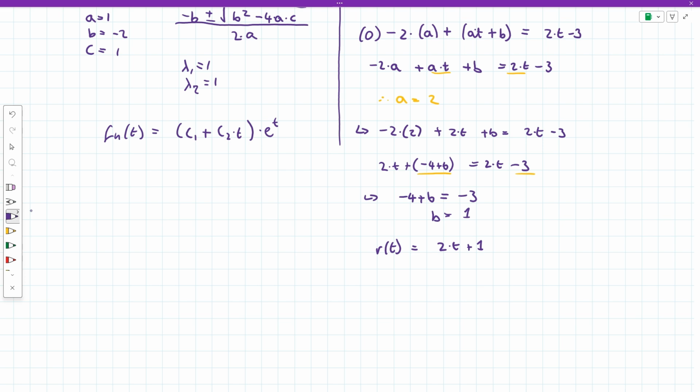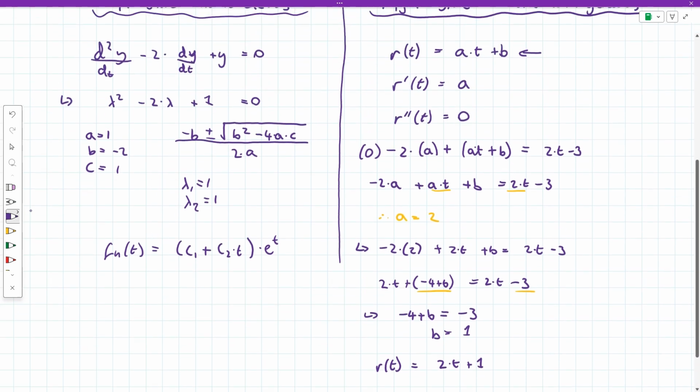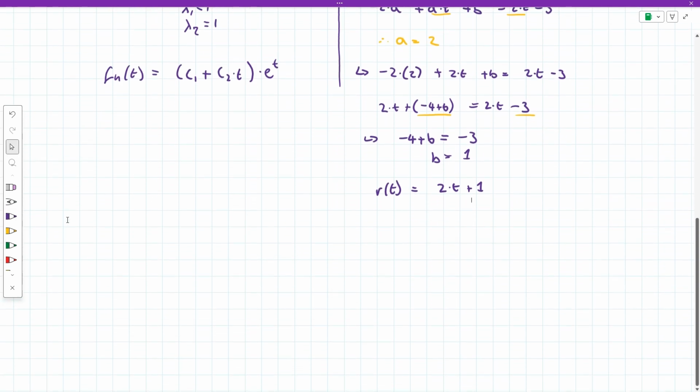Now when I combine these to form the general solution, that means I get f of t equals c1 plus c2 times t times e to the power of t plus 2 times t plus 1. And this is the general solution.